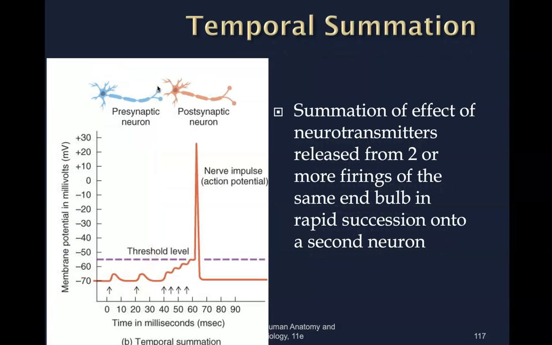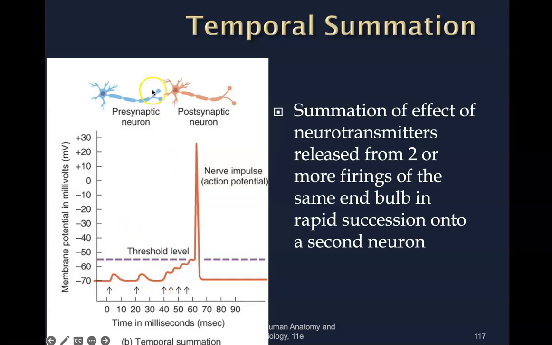Okay. Now, temporal summation is, again, where you have the sum of firing over time. Temporal is over time. This is where we're talking about the effects of a neurotransmitter being released from the same end bulb over and over again in rapid succession.